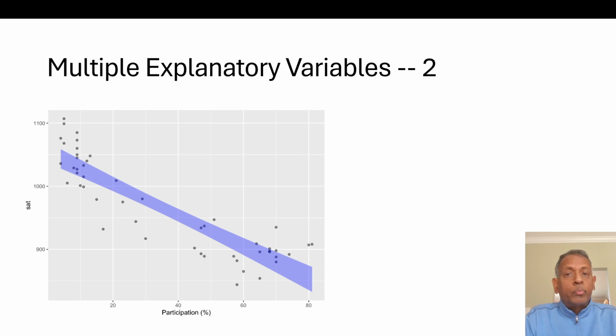So some researchers looked at the relationship between participation percentage and the SAT scores, and they found that states where there's a high level of participation in SAT have lower average SAT scores. Now this is understandable, right?